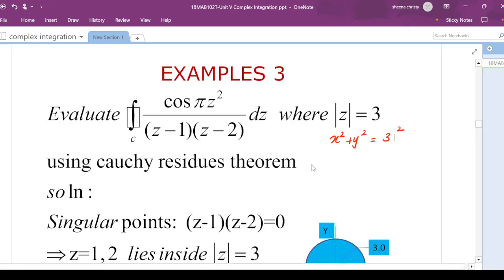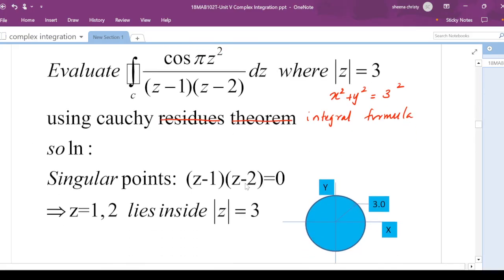Okay. Now first here you are going to make use of Cauchy's integral formula. By making use of Cauchy's integral formula, we are going to evaluate it. Why here we are having Cauchy's residue theorem?